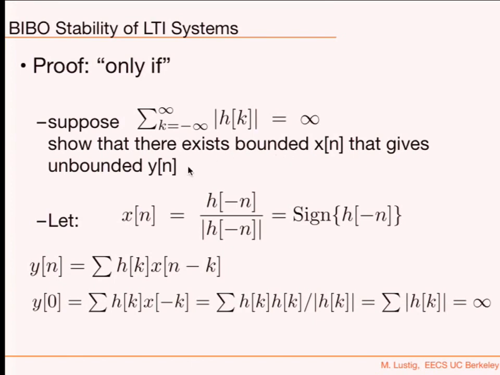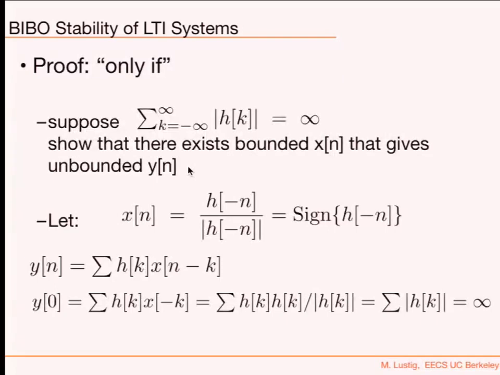And so what we're going to pick is, we just need to pick one. And the one that we're going to pick is interesting. We're going to pick the signum of the impulse response. Why is that?